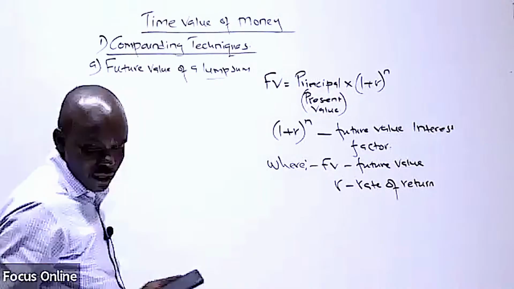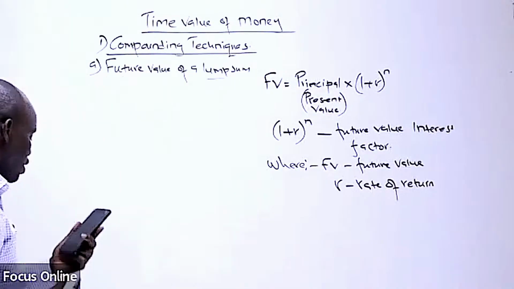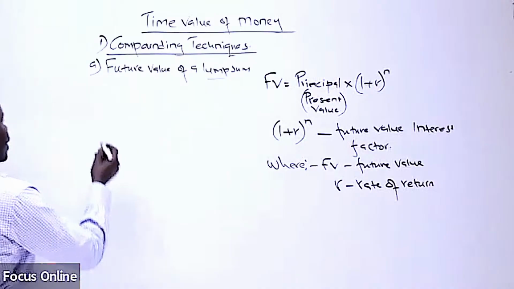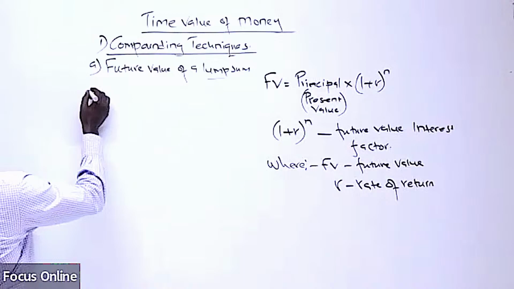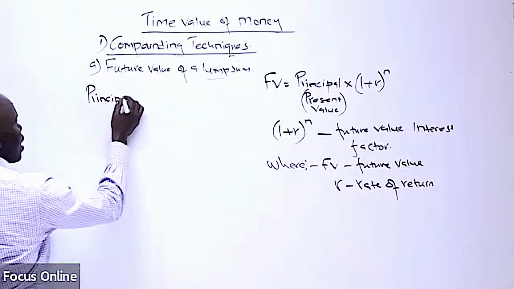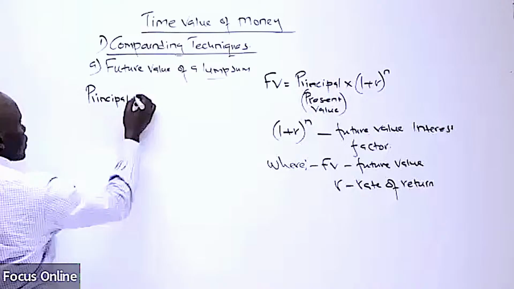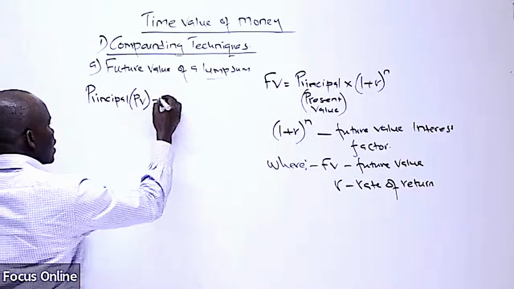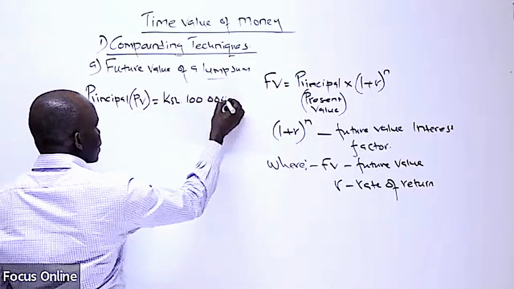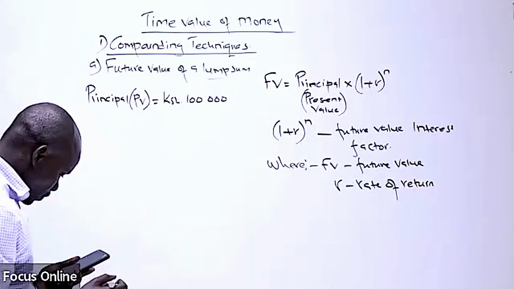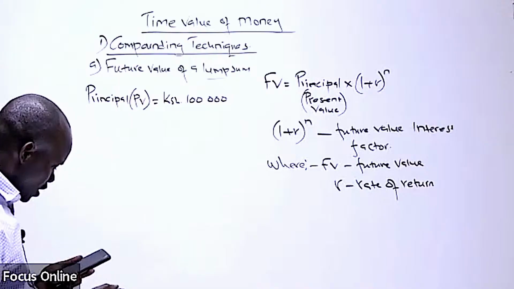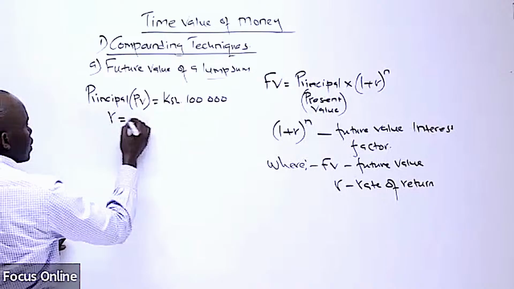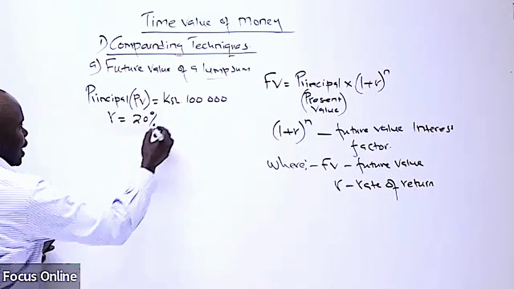We are doing that illustration. Assume that you have invested shillings 100,000. That is the present value, the principal, Kenya shillings 100,000. The investment is expected to earn interest at the rate R of 20% per annum.